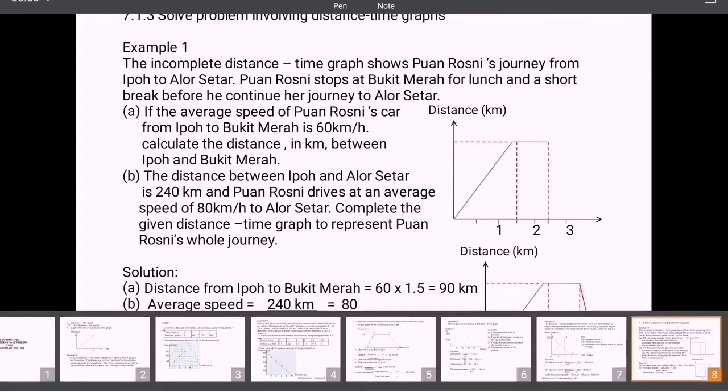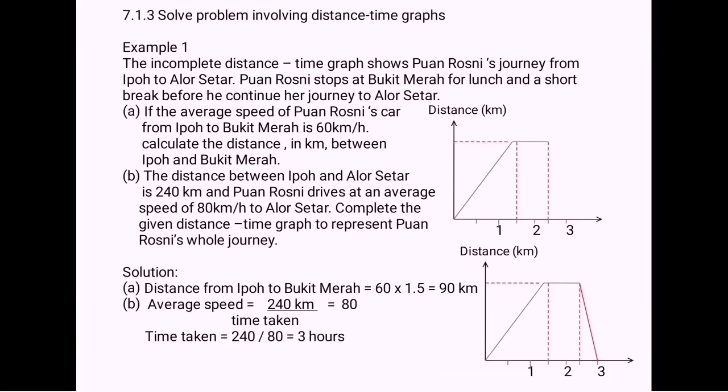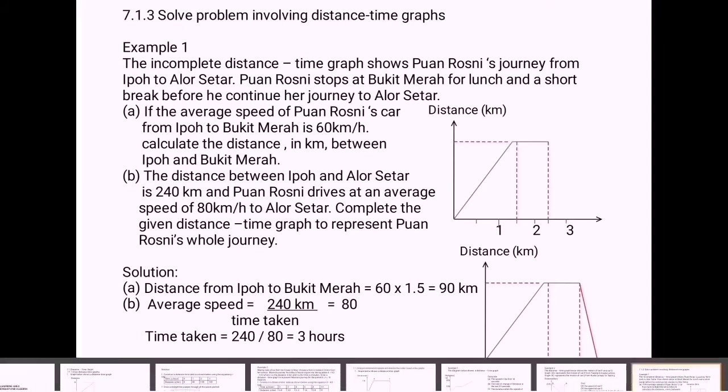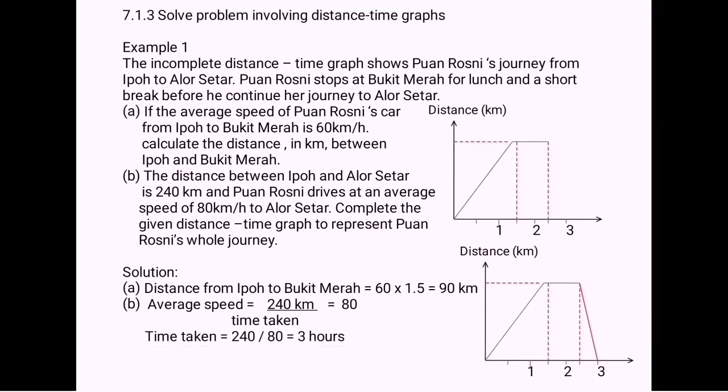This is the graph, distance and time. She starts her journey until Bukit Merah, stops a while for lunch, and then continues to Alor Setar. This is the incomplete graph.